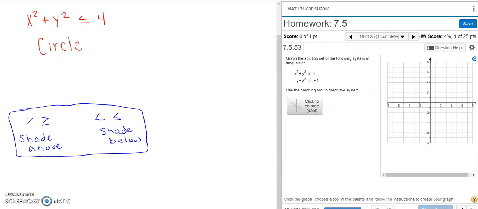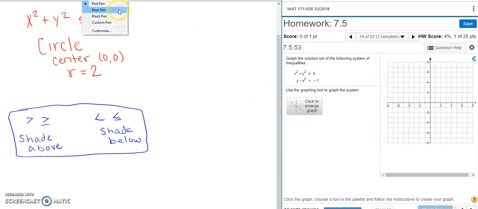If it was greater than, we would shade outside the circle. This circle has a center at 0, 0, because it's just an x squared and a y squared, and has a radius of 2. If you don't see that from that equation, you need to go review circles, because that's on your final exam. That was in 1.9, circles.